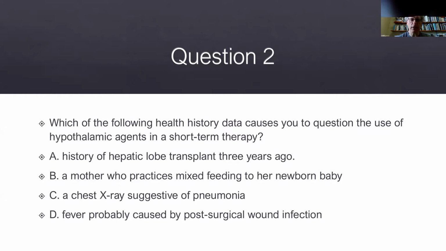C, chest x-ray suggestive of pneumonia. D, fever, probably caused by post-surgical wound infection. The answer is B, mother practices mixed feeding to a newborn baby. These agents are contraindicated in lactating mothers because of potential adverse effects to the neonate. All other options, while they should be signs for caution, are not signs of contraindication.